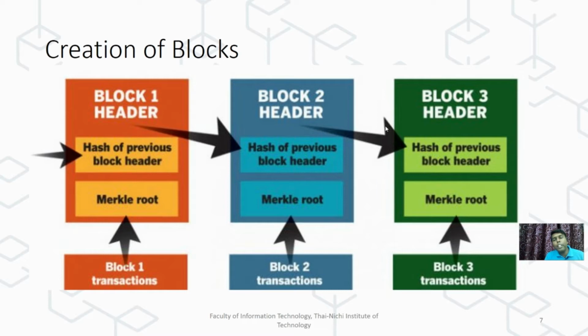Then it finishes block 2 and keeps going to block 3. When it goes to block 3, the hash of the previous block header, that is the hash of block number 2, will be stored in the hash of previous block header in block 3. Then, as usual, the Merkle root keeps storing the block transactions. So this is how the blocks are created in a blockchain.